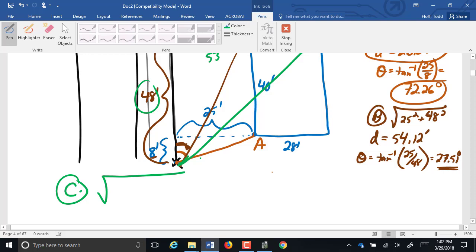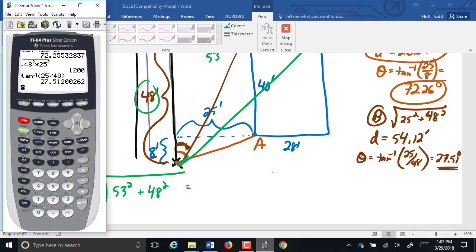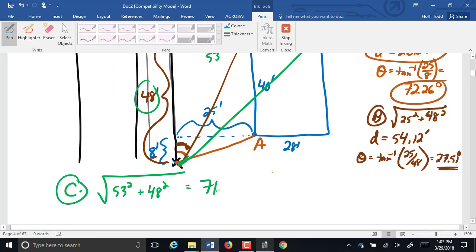You're thinking angle. Perfect. 53 squared plus 48 squared, which is 71.51 if we round it up.